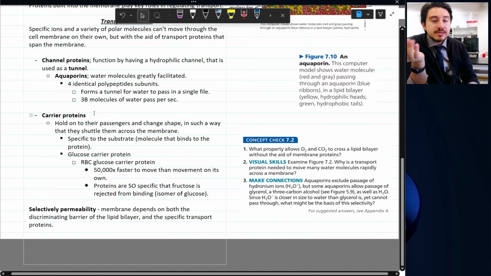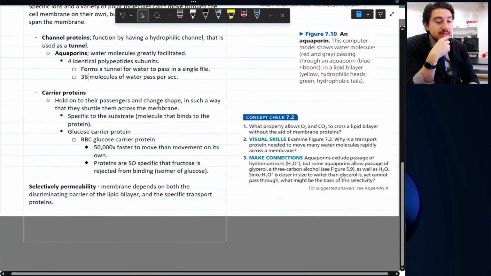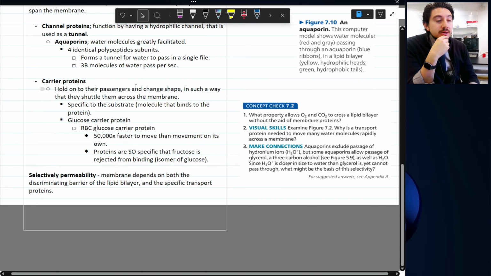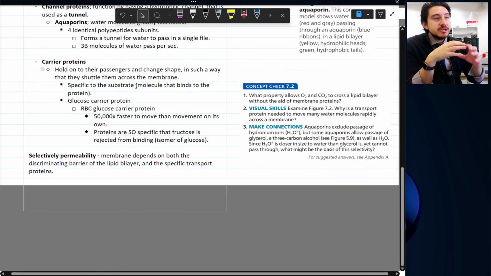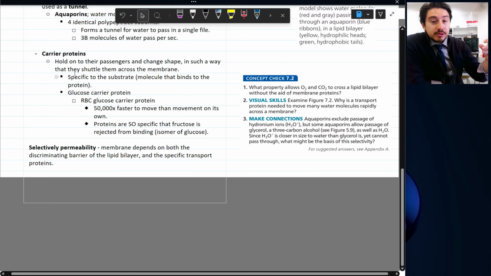So moving on to the next protein, you have carrier proteins. They hold on to their passengers. Again, like I mentioned before, we're going to see these in more detail in the later sections. But they hold on to their passengers. They change shape, these proteins, in such a way that the passengers get shuttled across the membrane. It's very specific between the substrate, the molecule that is binding to the protein, and the protein. Okay.